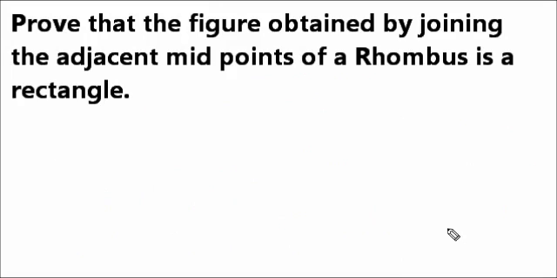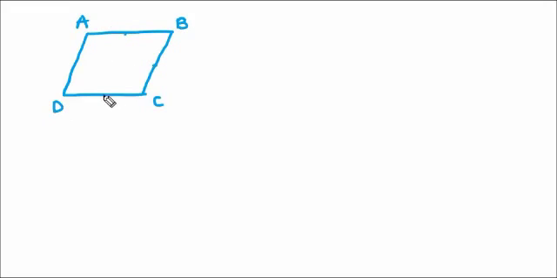Let's do the next one. Prove that the figure obtained by joining the adjacent midpoints of a rhombus is a rectangle. So let's first draw rhombus. So let PQRS be the midpoints.